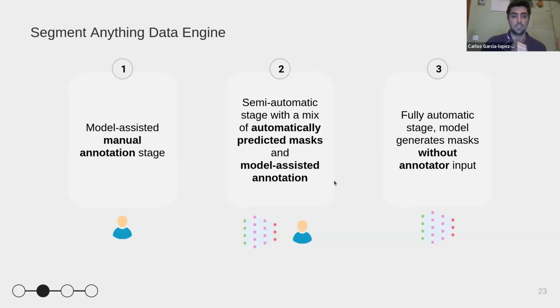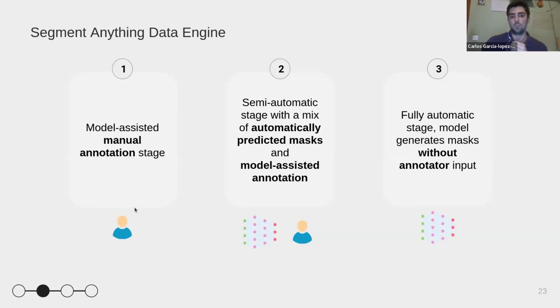First, dozens of human annotators segmented as many objects as they could in as many images. They then used this manually annotated subset of images to train a first model. So we have a model trained at the first stage.